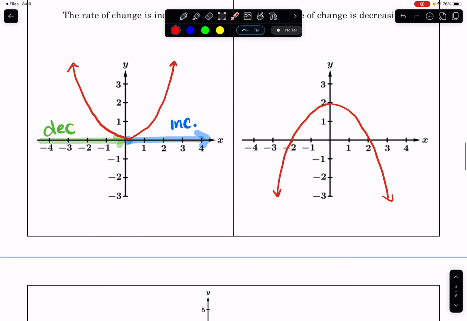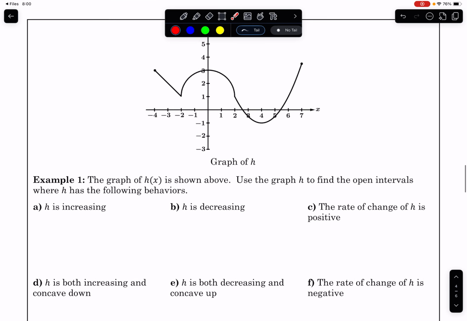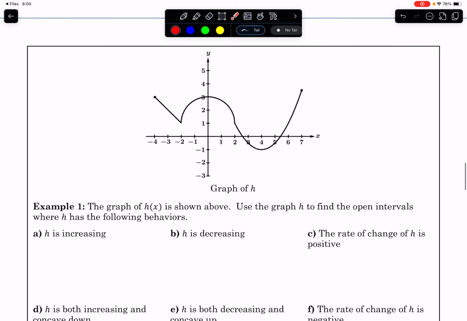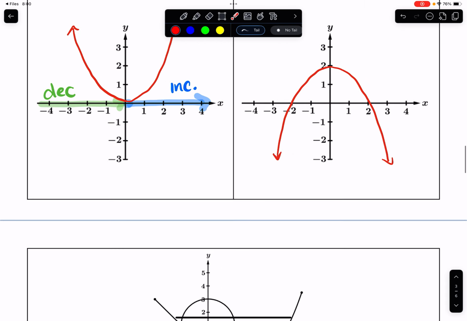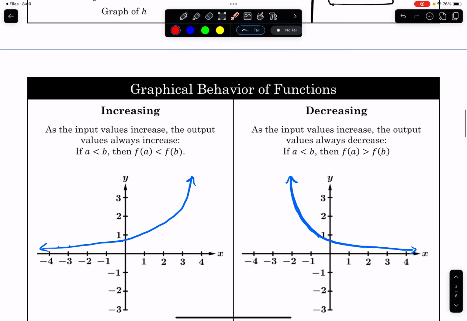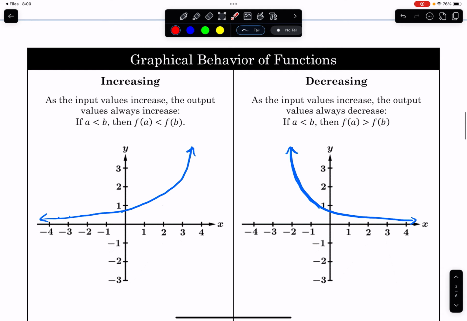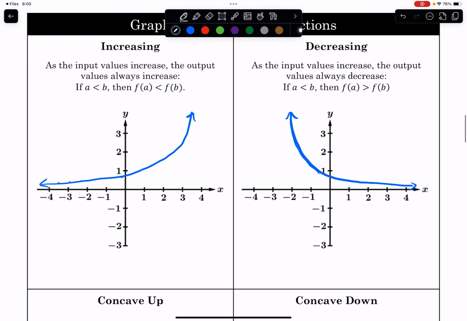So let's look at some examples of this, and let's determine where a function is increasing, decreasing, where the rate of change is positive, concaving up, and things like that. Now, let me go back a little bit. If a graph is increasing, one key thing that we need to correlate here is that the rate of change is the slope.